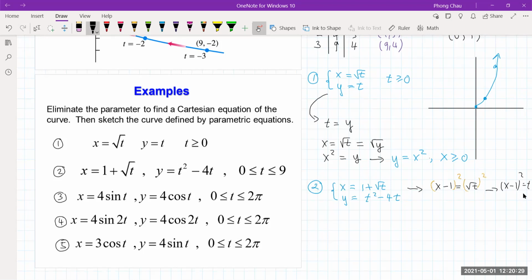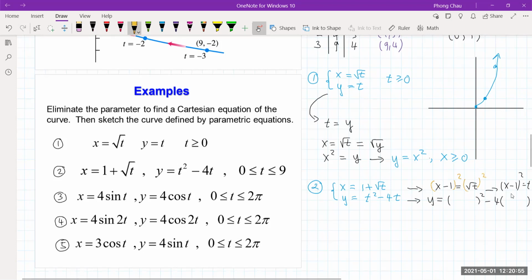And then substitute back into the second equation, right? So in the second equation, you have y equals t squared, minus 4 times t. Now in this particular case, your t is (x minus 1) squared.